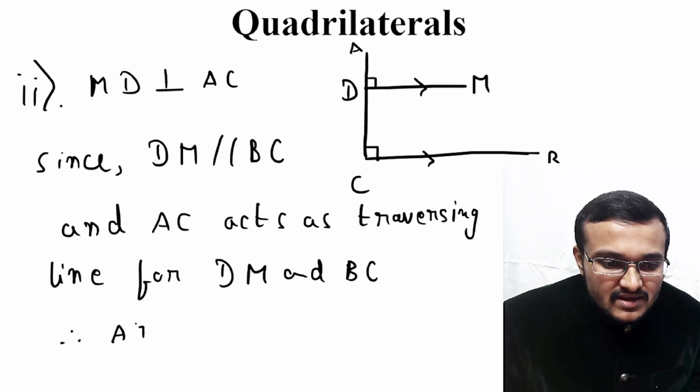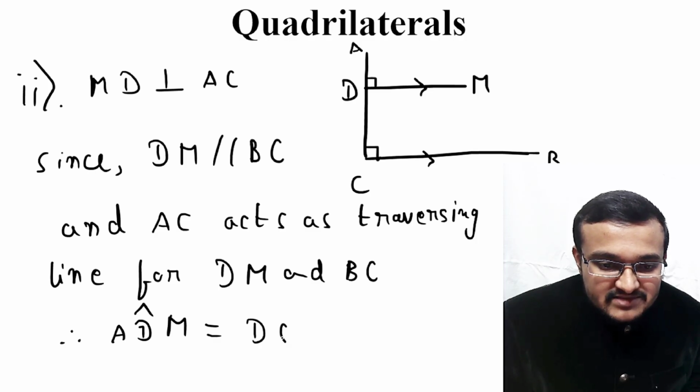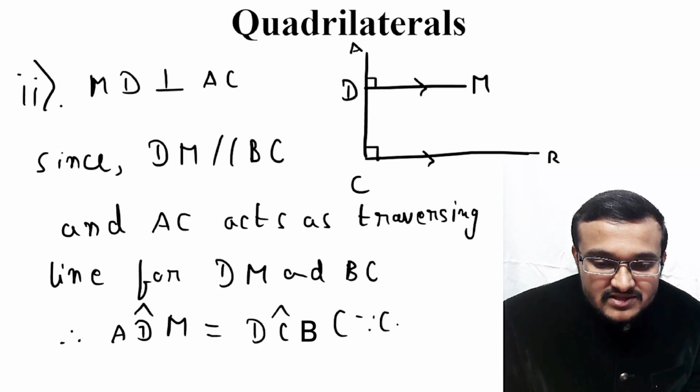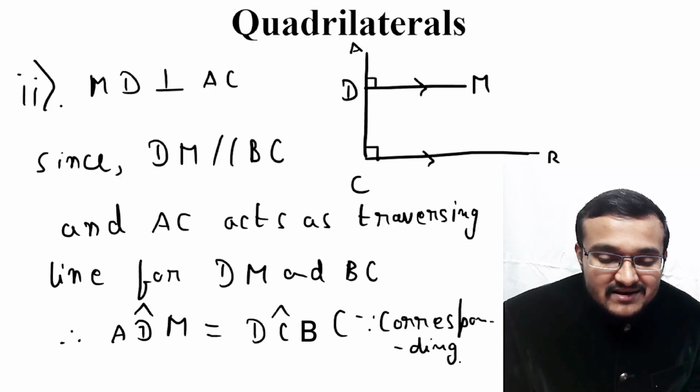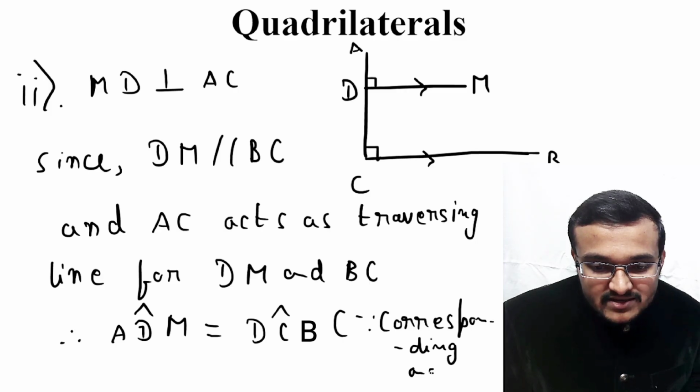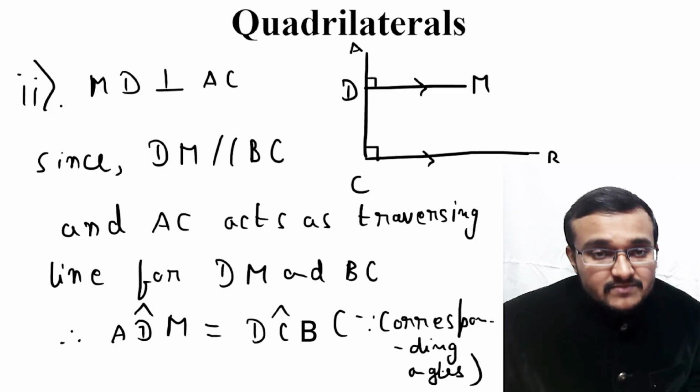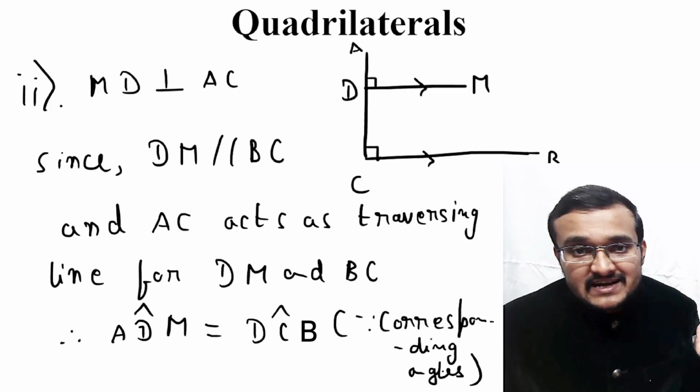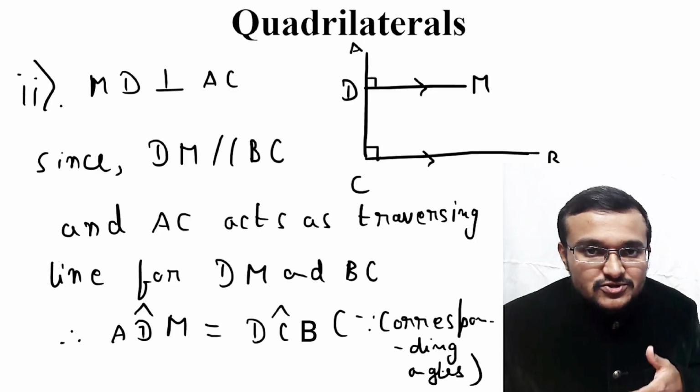Therefore, angle ADM is equal to angle DCB. This is because they both act as corresponding angles, and corresponding angles are equal in the case of parallel lines. In the previous chapter on lines and angles we studied this, so you can refer to those videos.